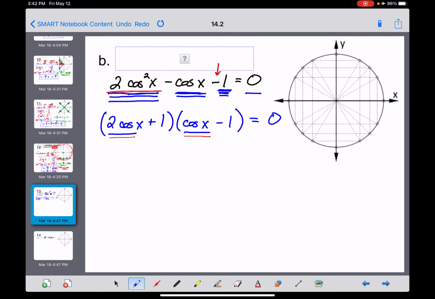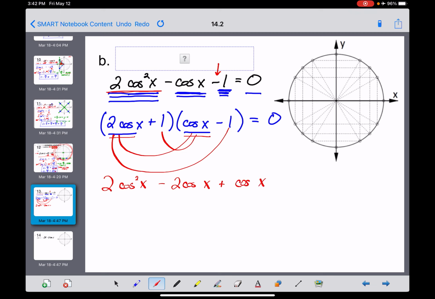And now, guys, to find out if we factored this right, we'd have to check ourselves with FOIL. First product, this times this is 2, and then cosine of x times cosine of x is cosine squared of x. The outer product here is minus 2 cosine of x. The inner product right here is plus cosine of x, and the last product here and here, positive 1 times negative 1 is negative 1.